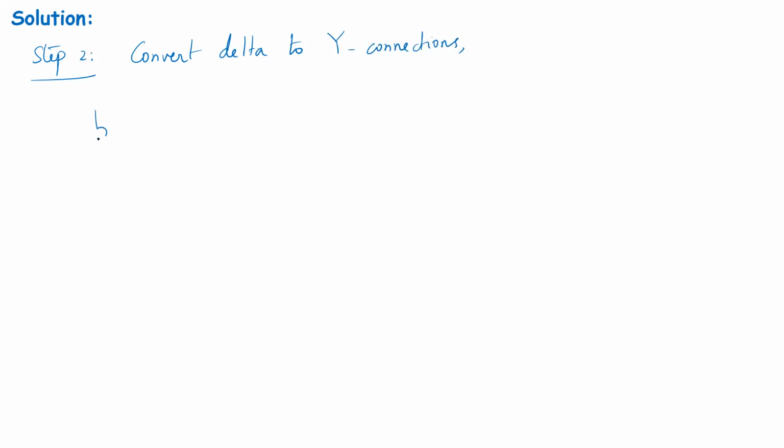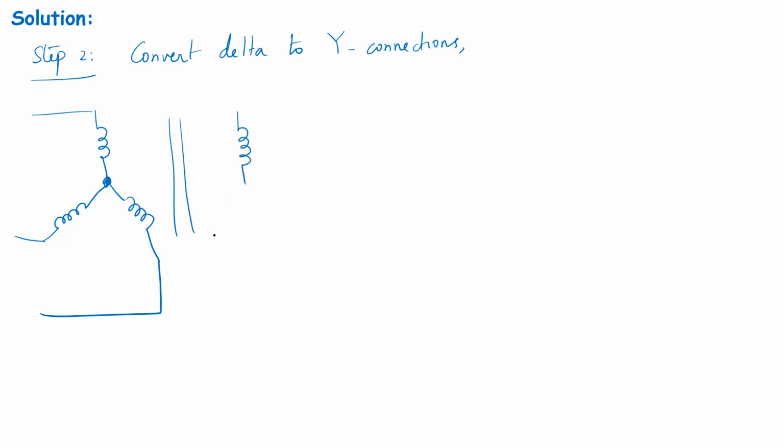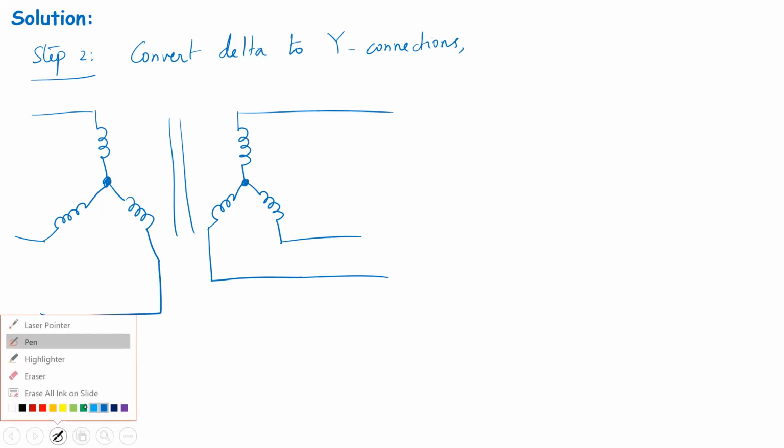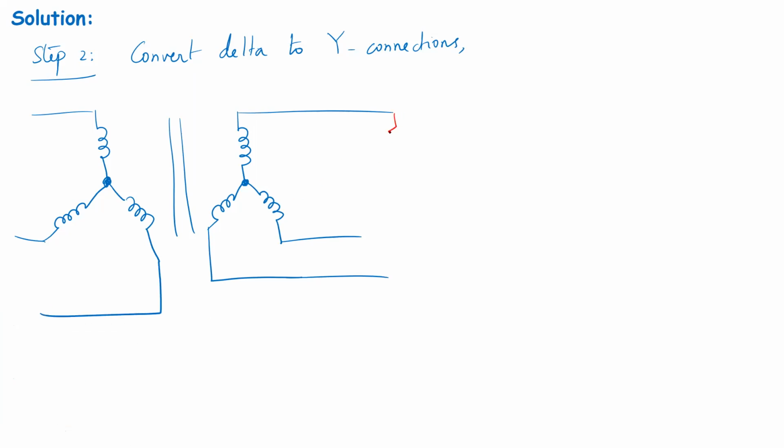So we will have our transformer primary, which is Y connected. Secondary is also Y connected. The load, which was originally delta connected, is now converted into an equivalent Y with a new value of resistors.